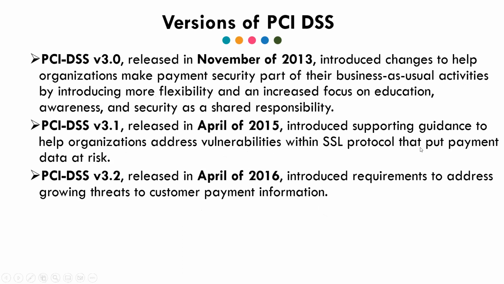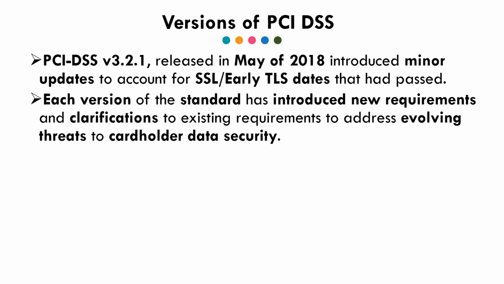So we move on to version 3, right? Version 3 came about in November of 2013, and version 3.1 came up in April 2015, and version 3.2 in 2016. And the current version before version 4 came about was version 3.2.1, which was released in May of 2018, right?